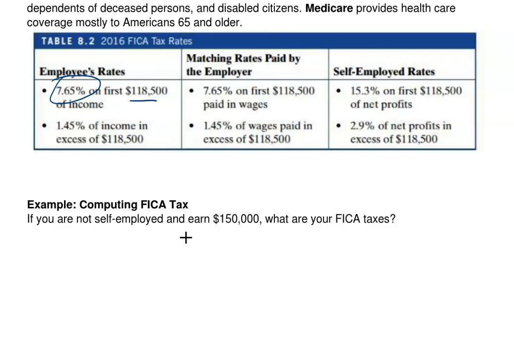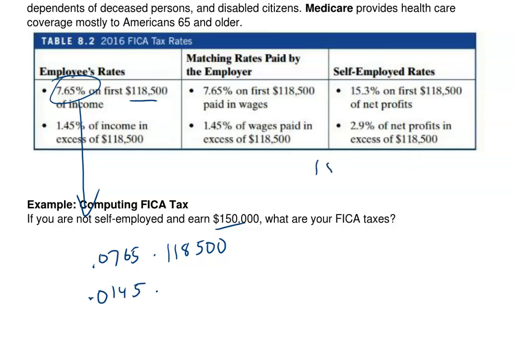So for the first $118,500, since this person makes over that amount, we're going to stop there. That's going to get taxed at 7.65%. I'll just go ahead and convert that to a decimal so we can get this video over with. And then any amount above that is going to get taxed at the 1.45% rate. Now, how much more money is this person making?